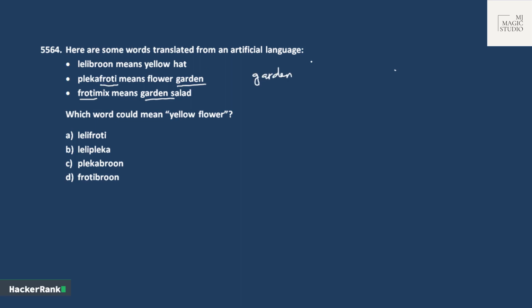That means garden code is fruity. We need yellow flower. Flower is pleka. And yellow can be either lely or brune. So the answer can be lely pleka or brune pleka.